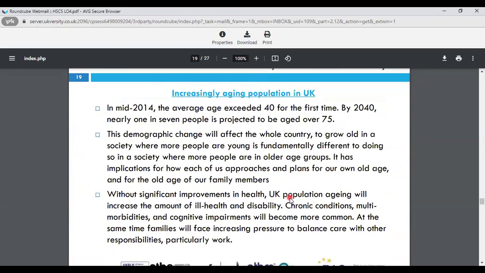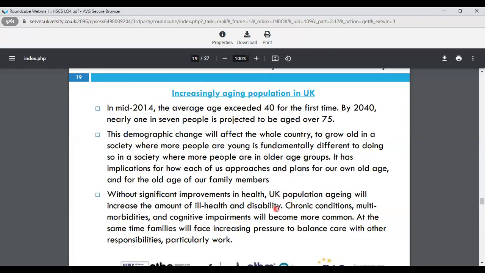And then we have an increasing age population, which again is a big issue. In mid 2014, the average age exceeded 40 for the first time. By 2040, nearly 1 in 7 people are projected to be aged over 75 years. This is a demographic shift, a demographic change.